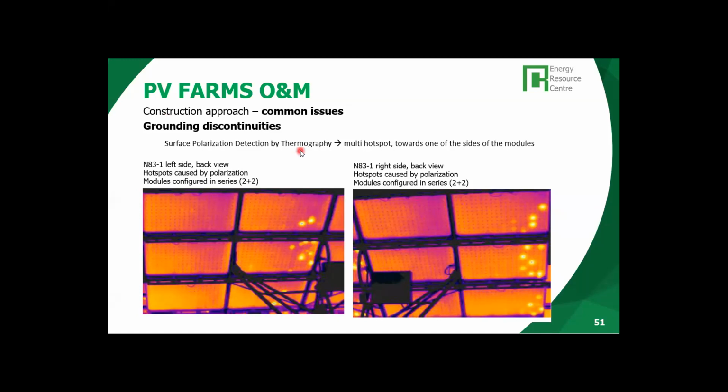And this is easy because the hot spots are normally 1 or 2 per panel, but not 1, 2, 3, 4, 5, 6, 7 for each panel, near the aluminum structure. This indicates that the problem is a surface polarization.